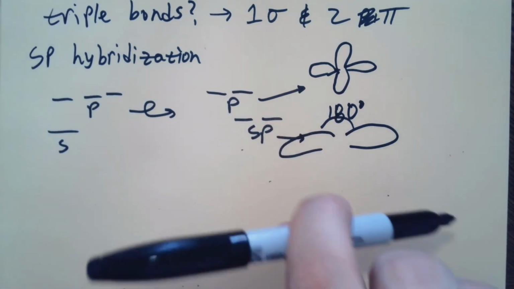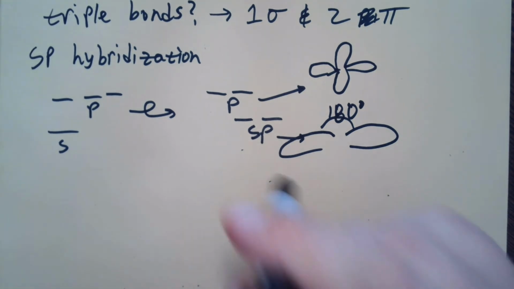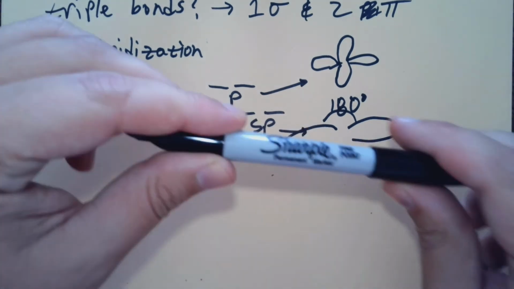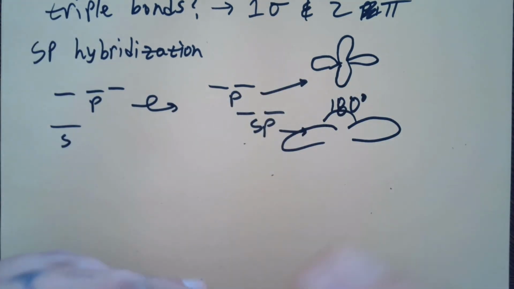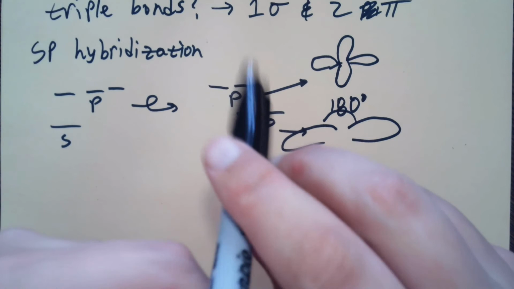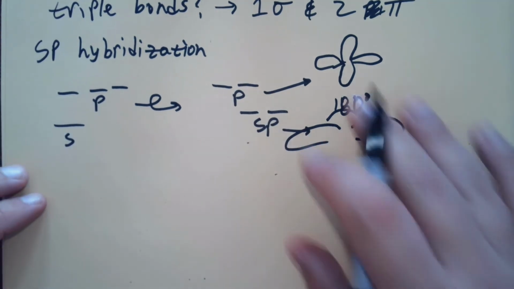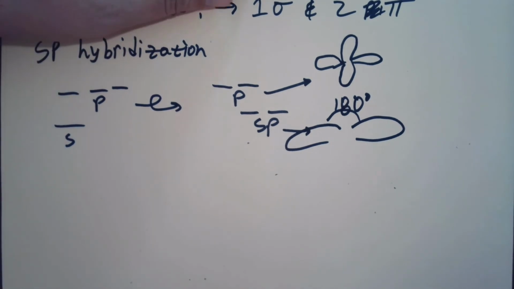So they are all perpendicular to each other. One sp orbital goes forward, one sp orbital goes backward. So one's here, the other's over here, and then my p orbitals are above and below, perpendicular to each other as well. So it's a little bit weird to draw.